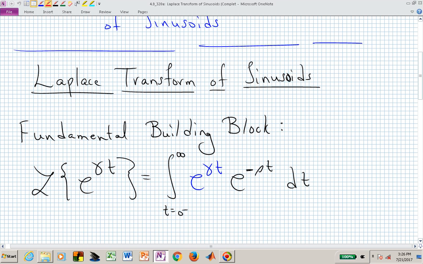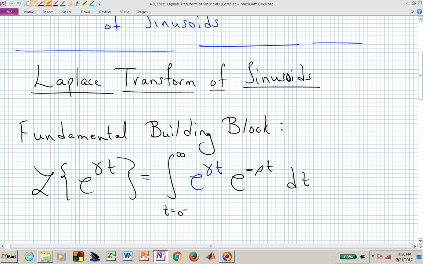This gamma in the exponent is a variable, and after we've derived this Laplace transform for an arbitrary gamma, we will replace that gamma with different values. That will allow us to create, using Euler's identity, this connection between the Laplace transform of a cosine or the Laplace transform of a sine.